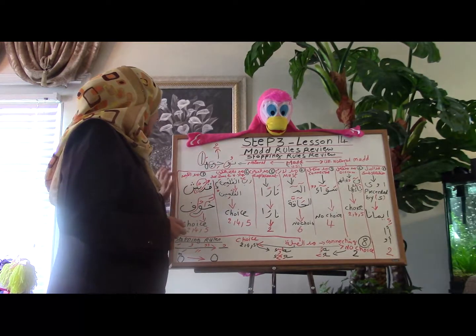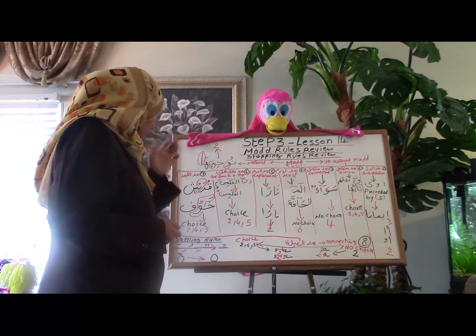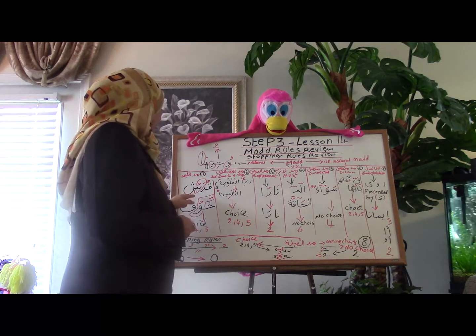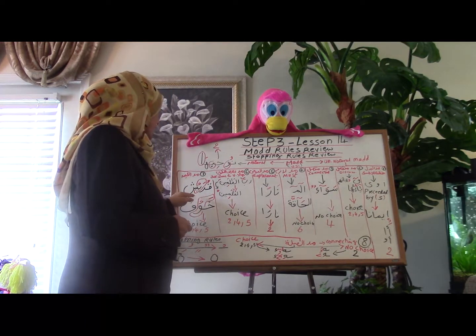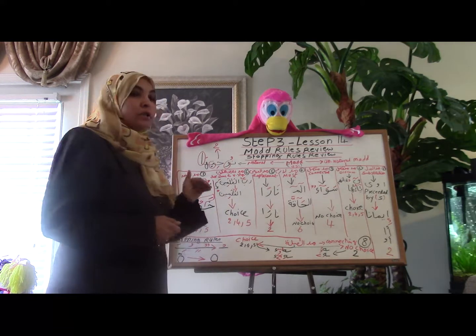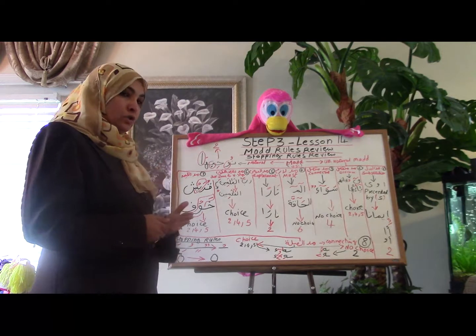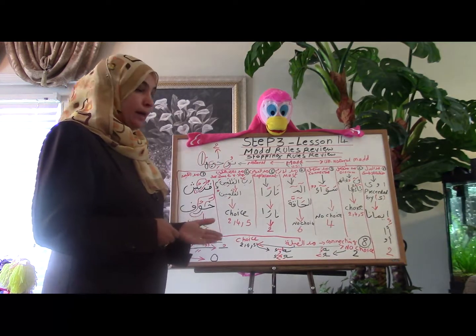The seventh kind of mad is mad al-lin, and as I said, this also applies if you're going to stop, because you want to catch your breath, or you want to stop at the end of the ayah.